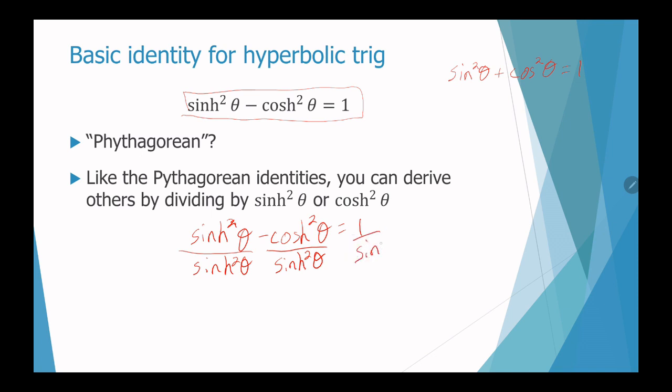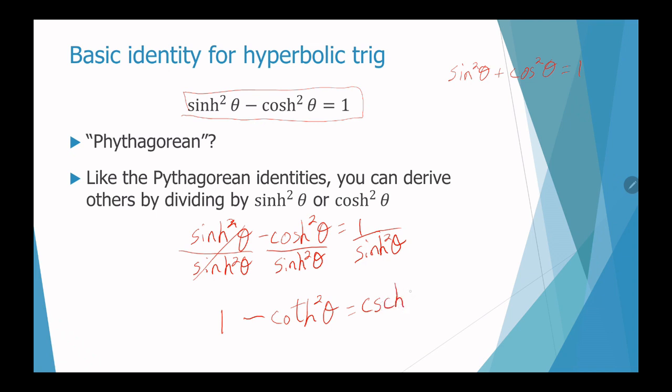Divide everything by the same thing. No hokey math here. This becomes 1. That's beautiful. So we have 1 minus, well, cosine over sine is cotangent squared of theta is equal to 1 over sine, which one is that? That is cosecant.